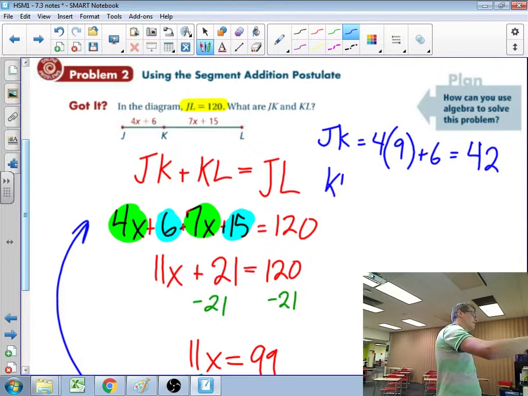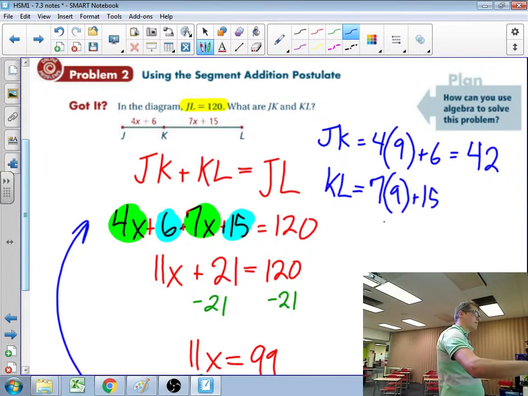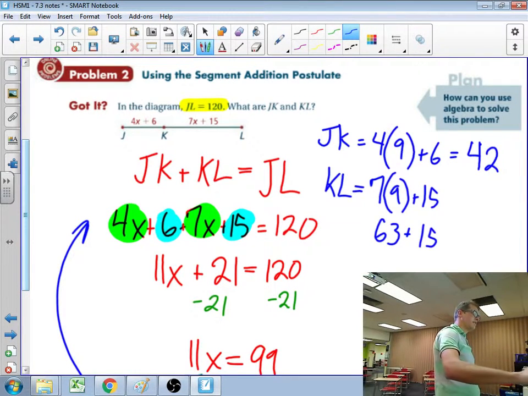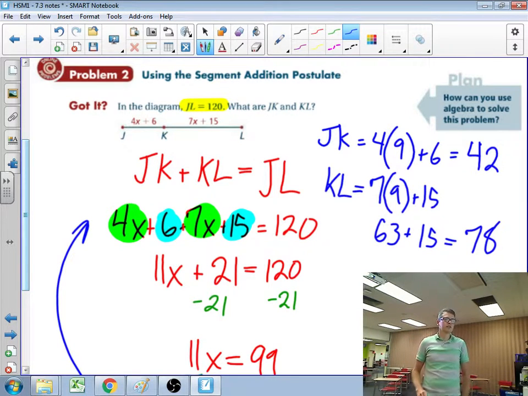KL was 7x, but now it'll be 7 times 9 plus 15. I'll go ahead and show my work on this. 7 times 9 is 63, plus 15 gives me 78. So that is how we would find the length for both of those. If I add up 42 and 78, I do in fact get 120, so we know that our work is correct.